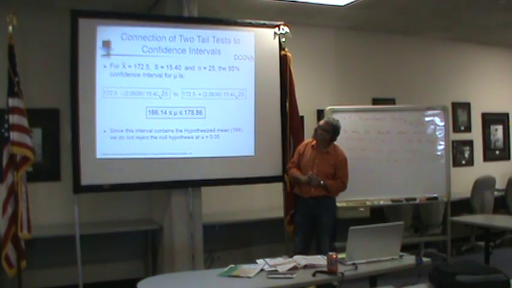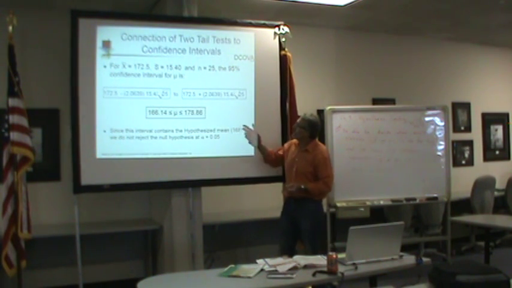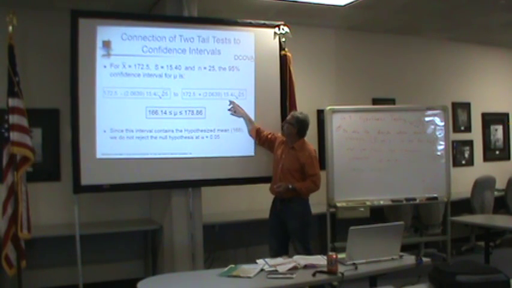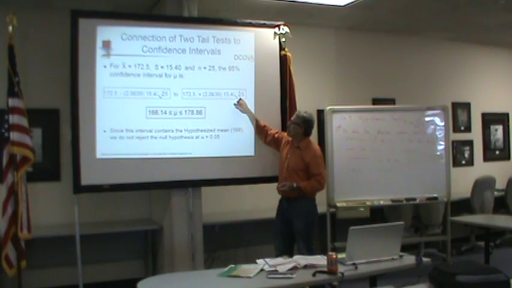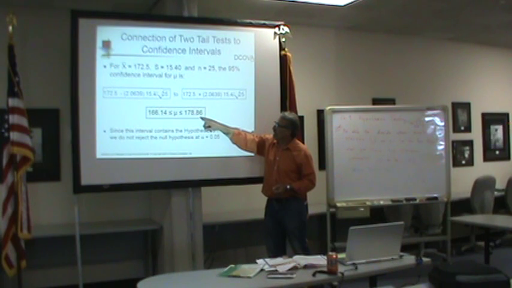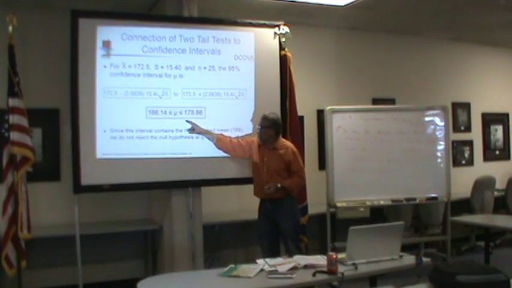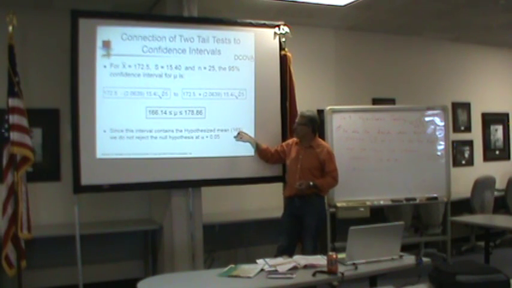Okay, so now they're going to do the same conclusion with a confidence interval, right? Boom, here's your mean, there was your critical value, there's your standard deviation, there's your N, and so if we do the confidence intervals, this confidence interval contained the hypothesized mean of 168, so we don't reject it.